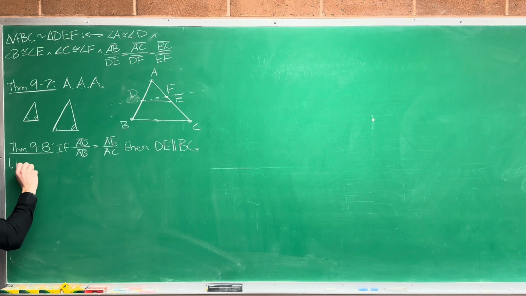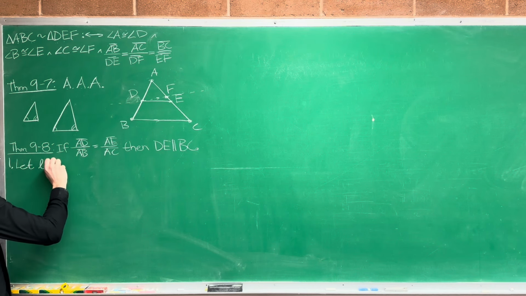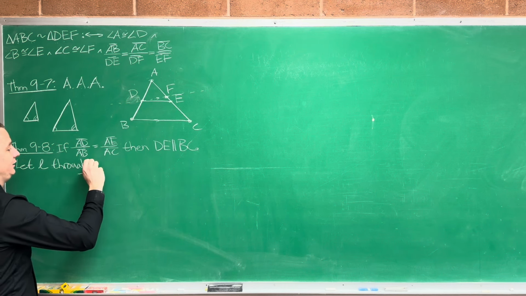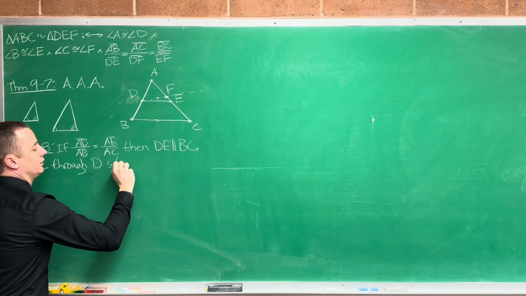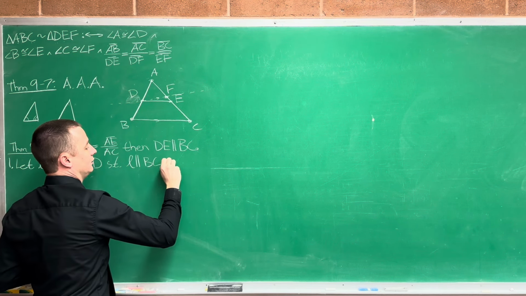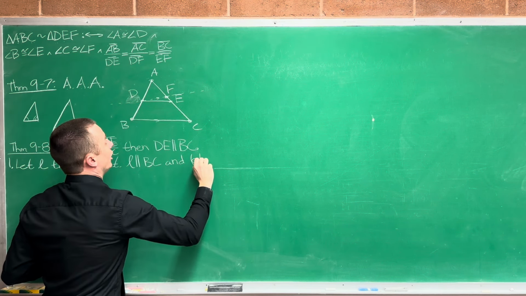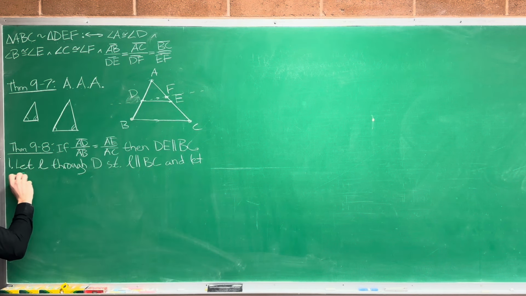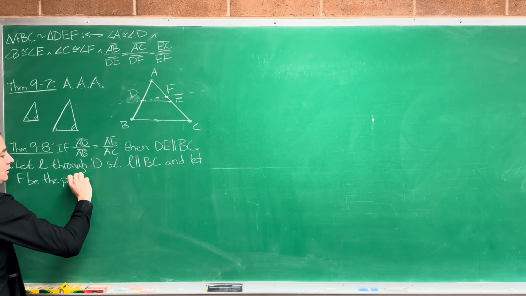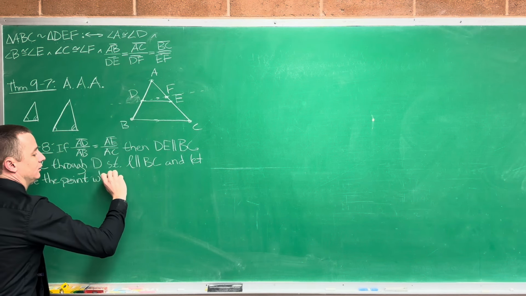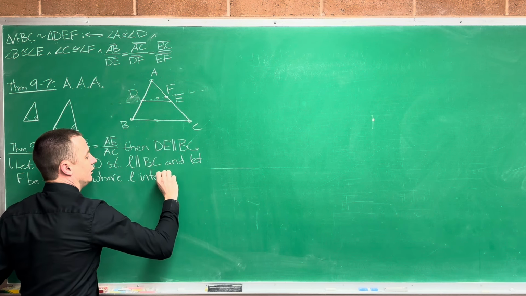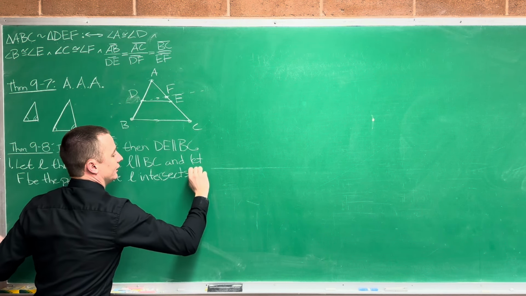So let's really quick write that. Let L through D such that L is parallel to BC. And let, what do we call the point of intersection? F be the point where L intersects AC.